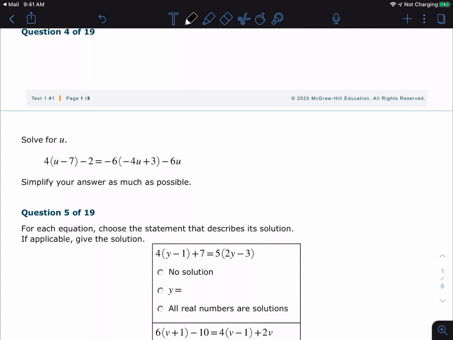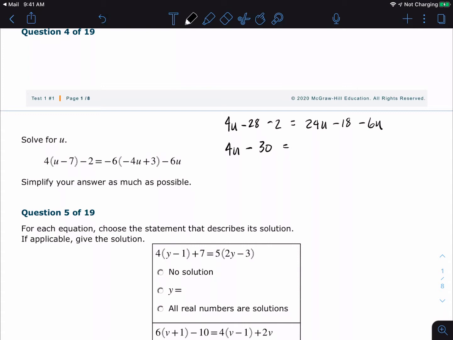So I'm going to distribute that first one. I'm going to get 4u minus 28 minus 2 is equal to 24u minus 18 minus 6u. Then what we want to do is combine like terms. So I'm going to go 4u minus, that's going to be 30.